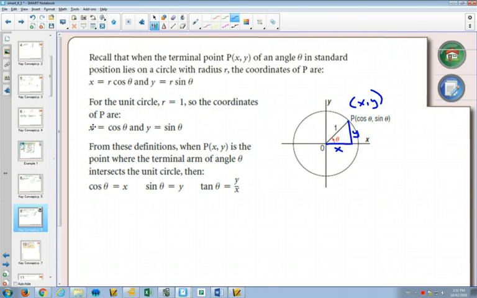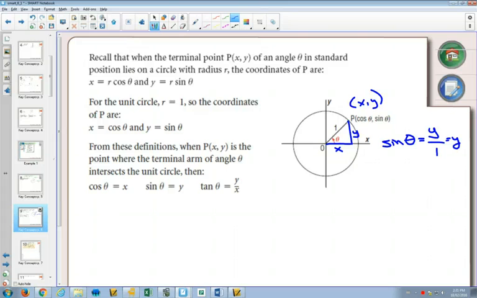If you think about that, though, since it's a right-angled triangle, you can use SOHCAHTOA, sine, cos, and tan. And based on the angle, and here the angle is labeled theta, if we did sine of theta, that would be the opposite over hypotenuse. And the opposite is y, and the hypotenuse is 1. So sine of theta is the same as the y-coordinate in the unit circle.